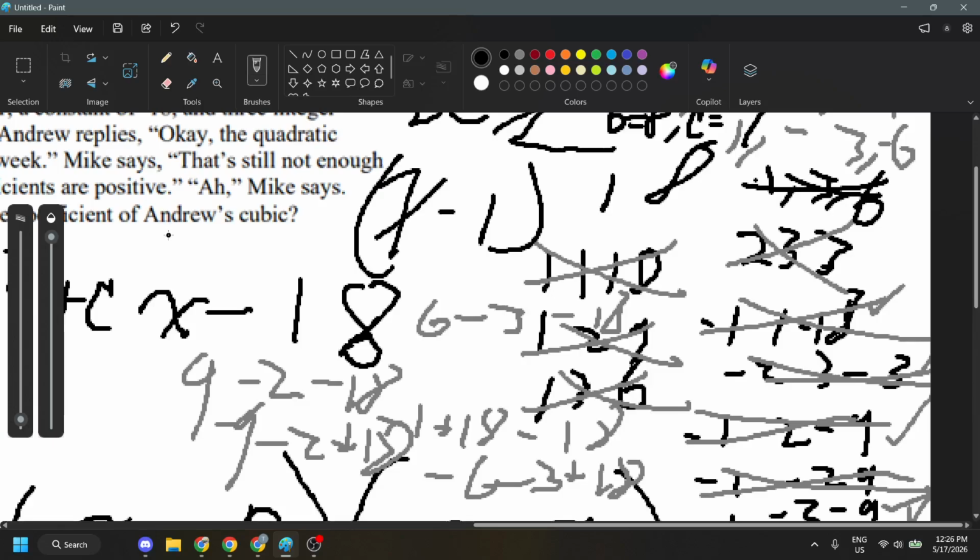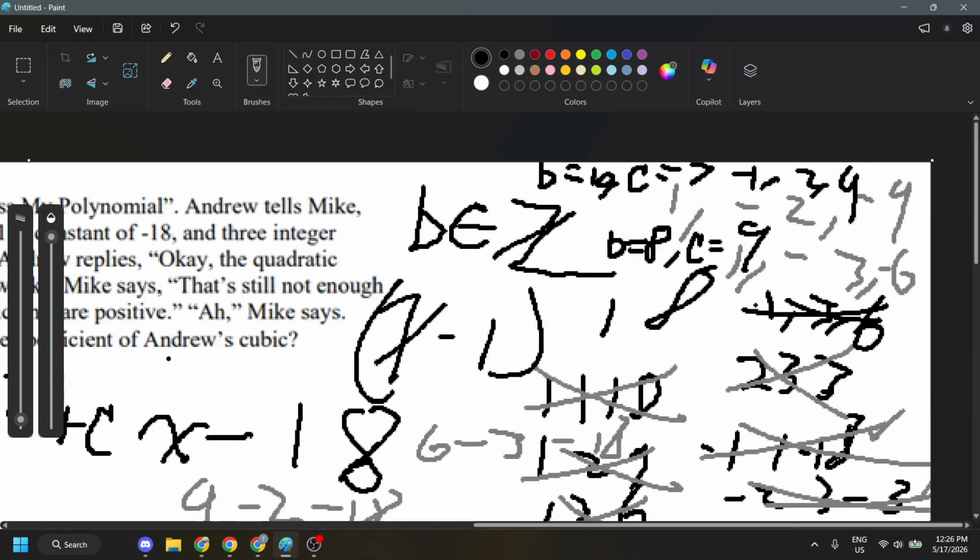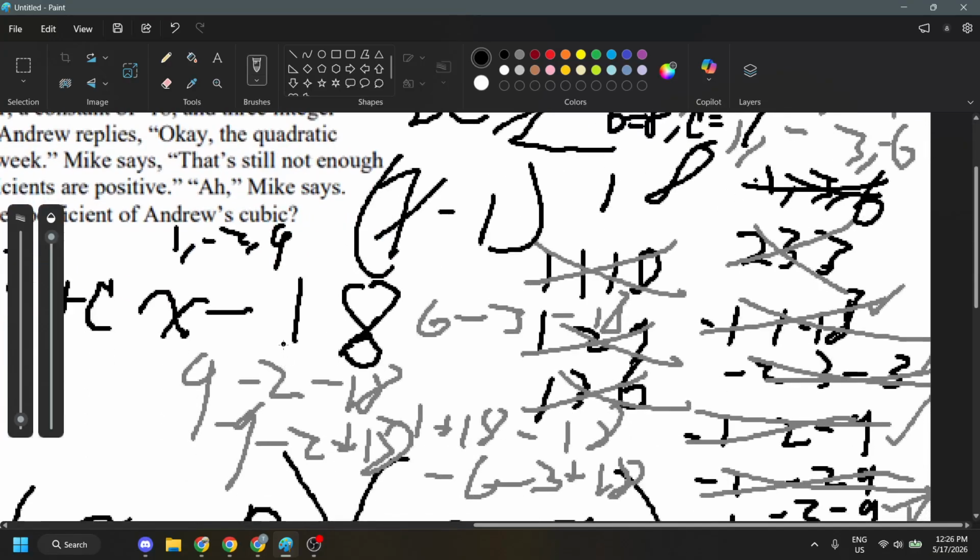Take 9 minus 2 plus 1. 1, negative 2, 9. Here 1 is negative. Here 18 is negative. But we need 18 to be positive.